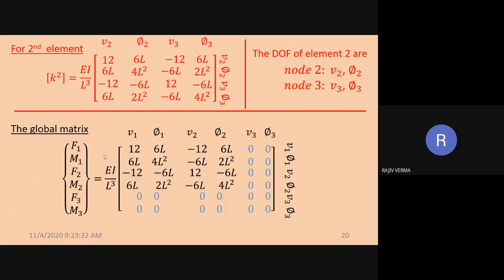Since element number 1 and element number 2 have node 2 common to both, and the 2 degrees of freedom of node 2 are V2 and phi 2, the stiffness matrices are going to overlap at places corresponding to V2 and phi 2 in the global stiffness matrix.